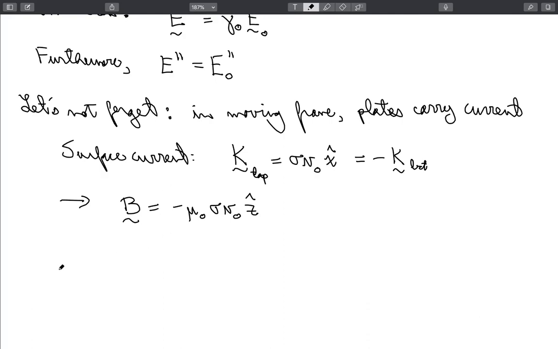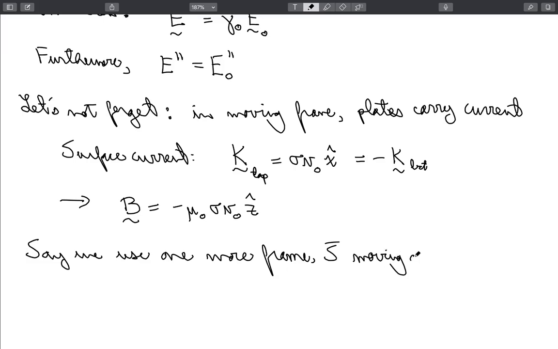Now, say we have yet one more frame of reference, and let this frame be S bar. It's moving at velocity v bar with respect to the original one.